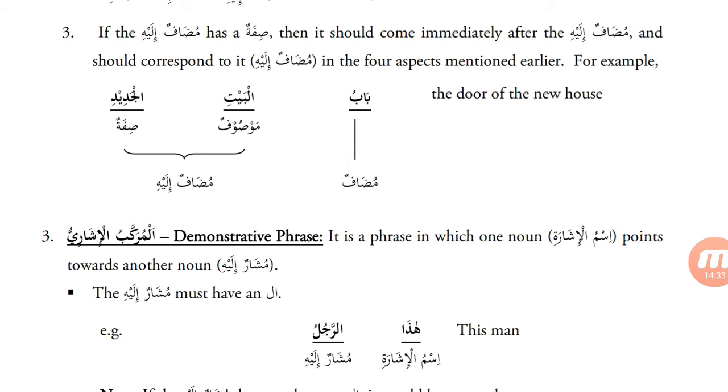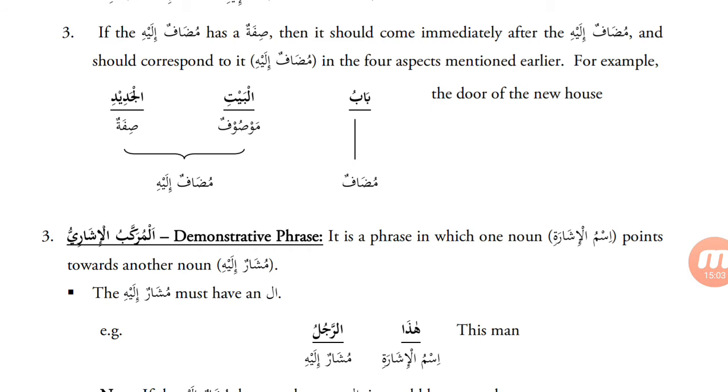We can see the sifa is matching with its mawsoof in four things. In i'rab, al bayt is majroor, al jadid is also majroor. The sign of jar is the kasra that is coming underneath the final letters. Al bayt is singular, al jadid is also singular. Al bayt is mudhakkar, masculine. Al jadid is also mudhakkar, masculine.